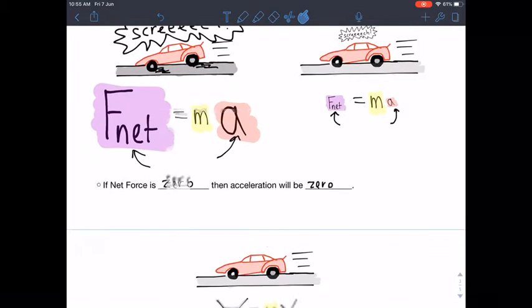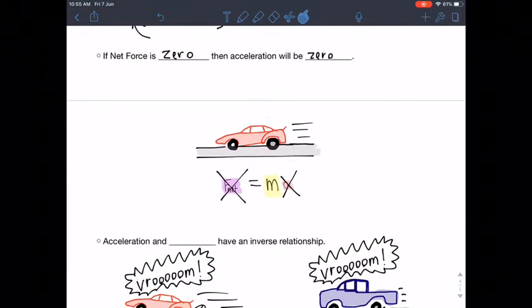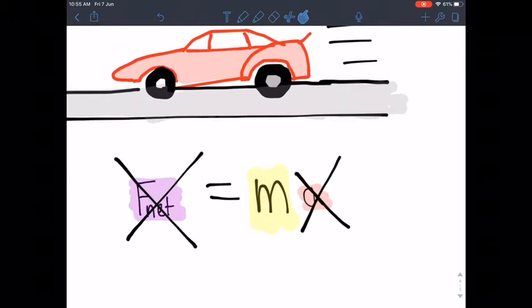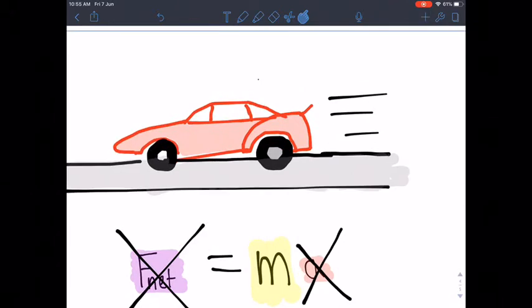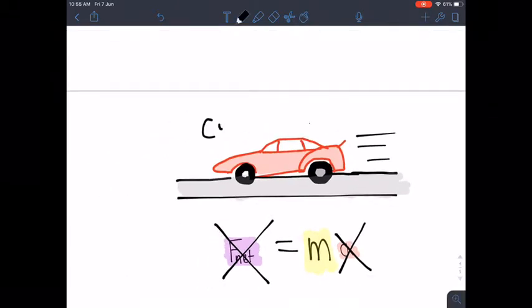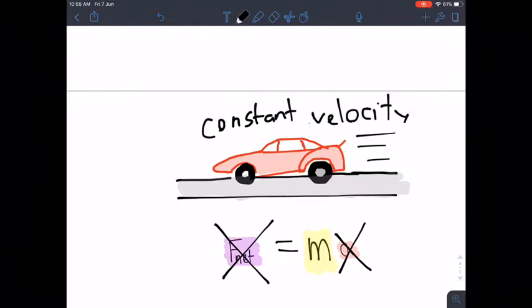If you don't apply the brakes at all, and there is no net force on the car, these things cancel out. There's absolutely no acceleration, and that means that this car will continue to move at constant velocity.